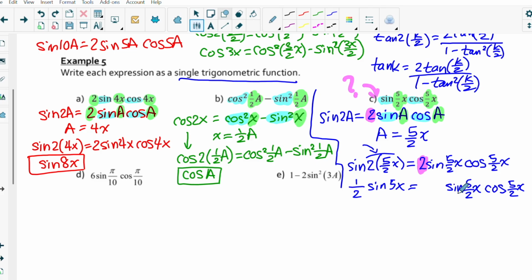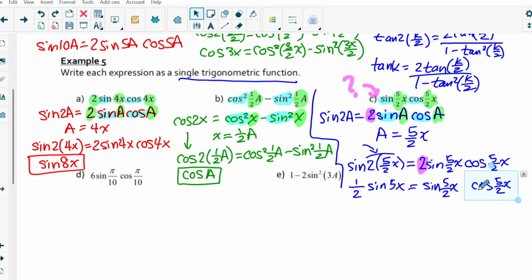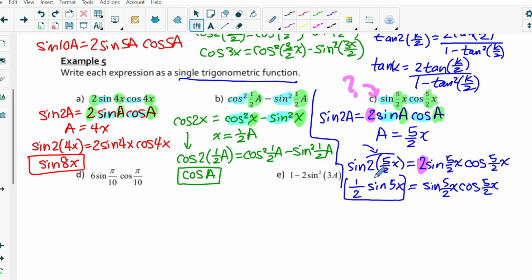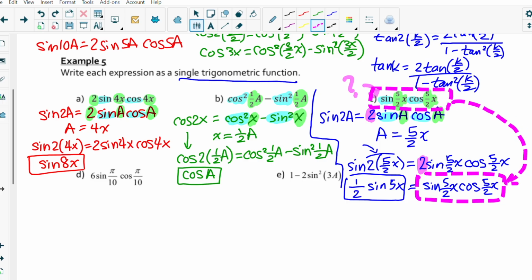I'm going to leave the other side alone. And we're done. I'm going to put a box around the expression simplified in terms of a single trig function. And this part right here doesn't match our original.